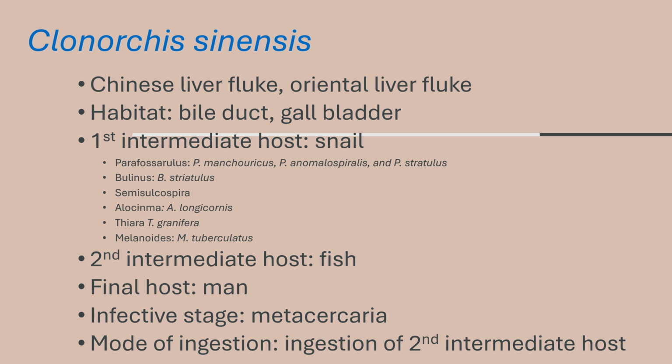The first intermediate host of Clonorchis sinensis is a snail. Please don't forget that for trematodes, the first intermediate host is almost always a snail. Under the genus Paraphosarulus, you have the following snails. Please note that there are more than 100 species of snails that can serve as an intermediate host for Clonorchis sinensis.